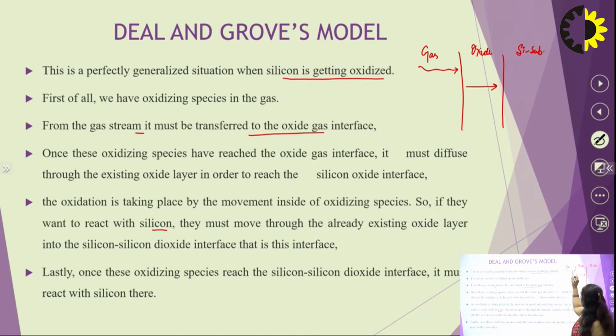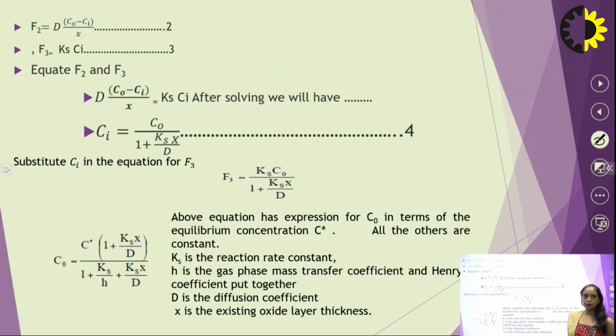The gas particles travel through that existing oxide layer to the silicon dioxide interface, and once they reach this interface, they react with the silicon wafer.